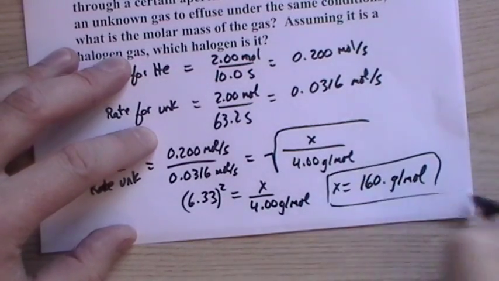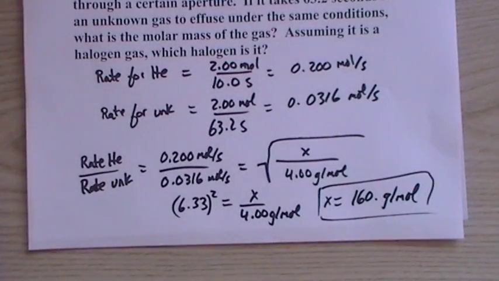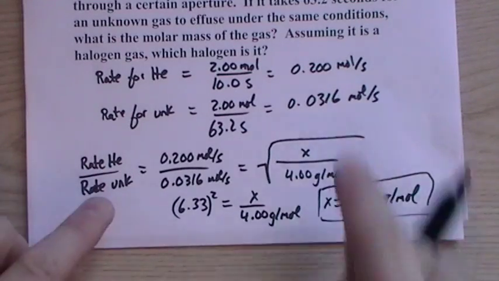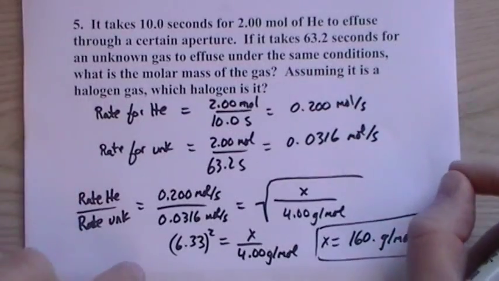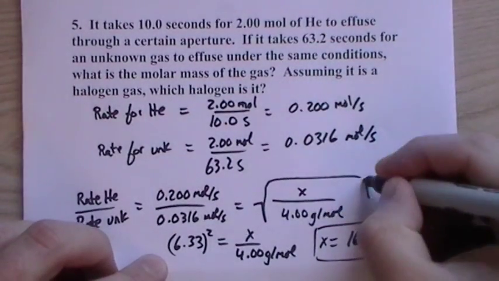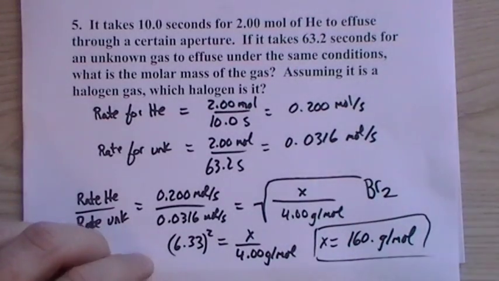So we don't know what the unknown gas is, but we certainly know its molar mass. And I guess I forgot that I had said to assume it is a halogen gas, which halogen is it? I saw that 160, that was very familiar. It's bromine.